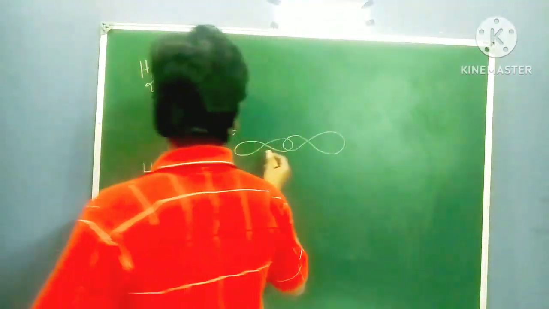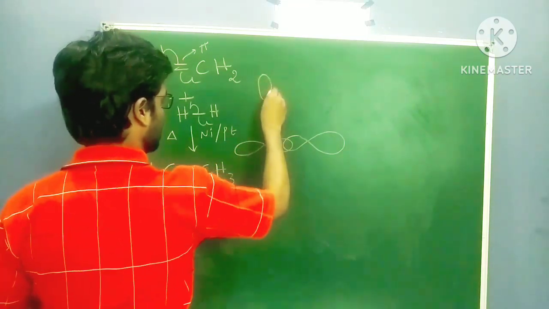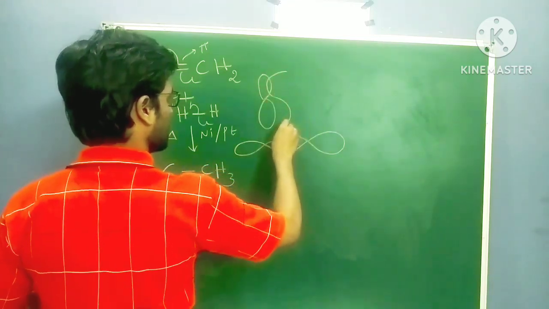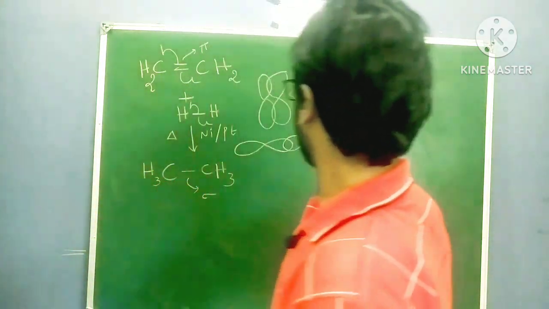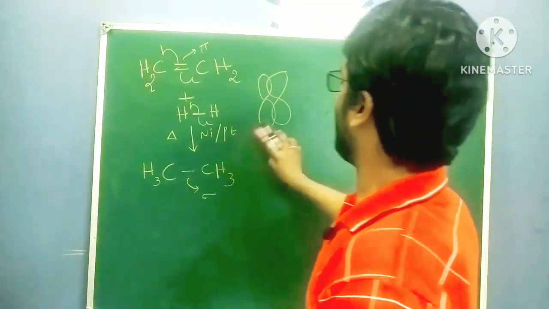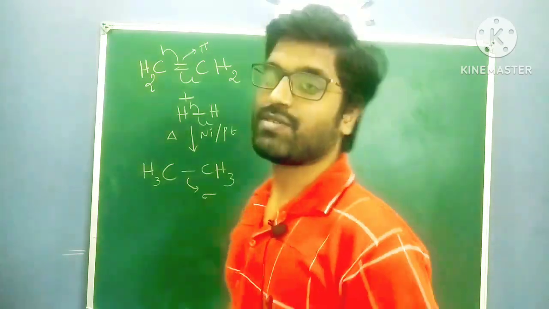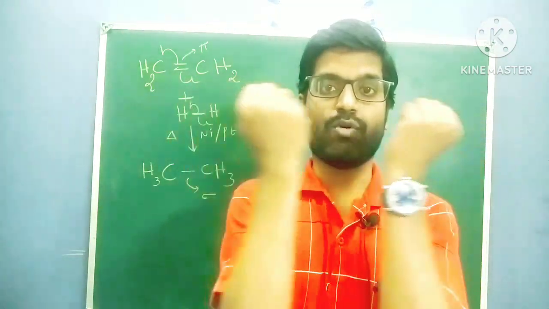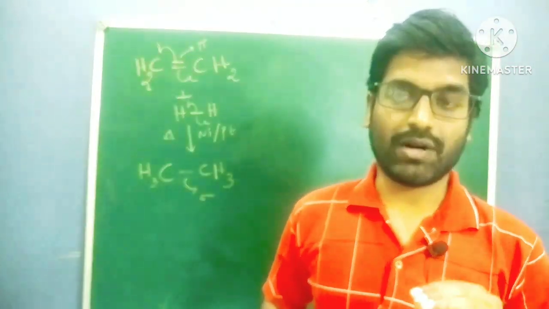If you have pz perpendicular to this px orbital, then we have it like this, and this overlap will give you a pi bond. So end to end overlap gives a sigma bond, and sideways overlap gives a pi bond. So the sigma bond is always stronger than the pi bond.